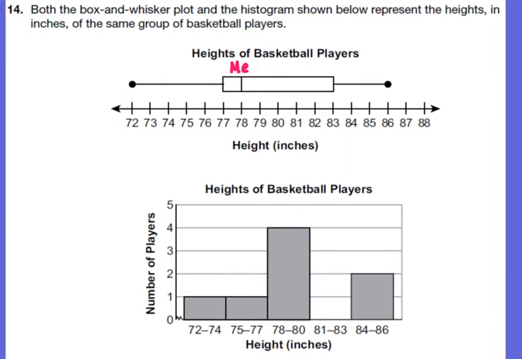So this line is going to be the median, so that means 78. The left edge of the box is actually going to line up with the lower median, okay? The lower median, which can also be called the lower quartile, which can also be called the first quartile.